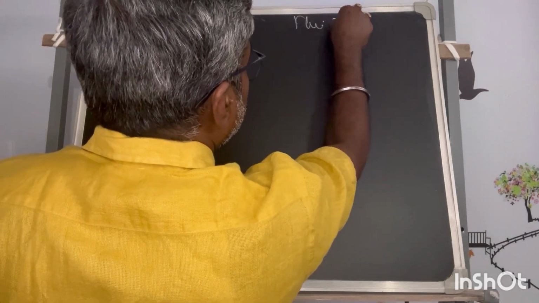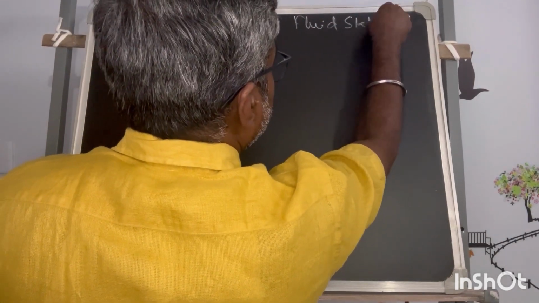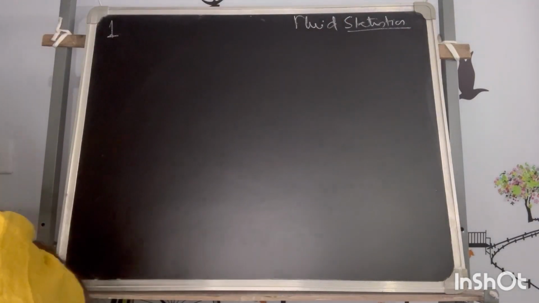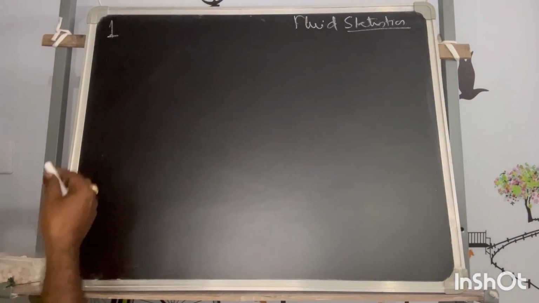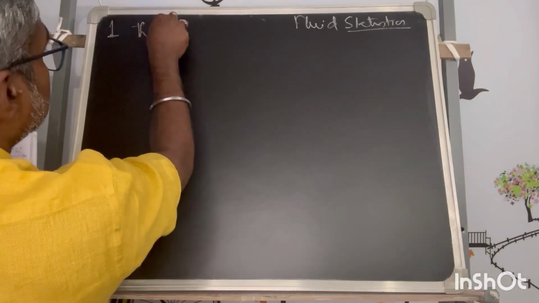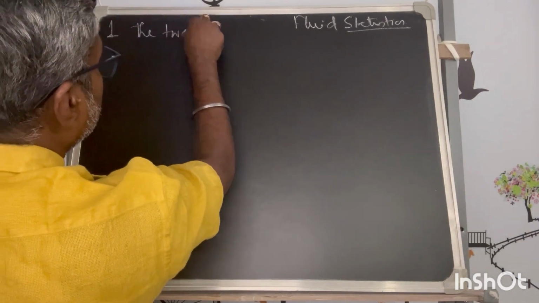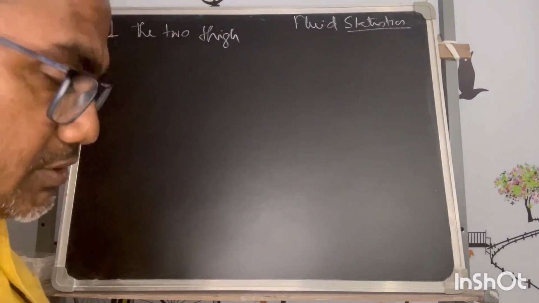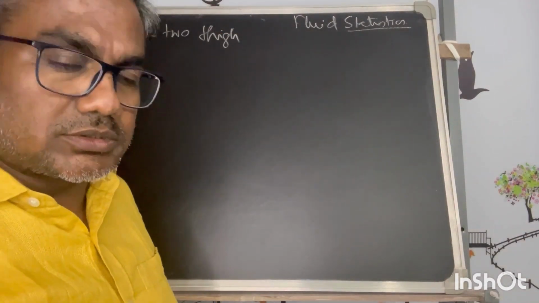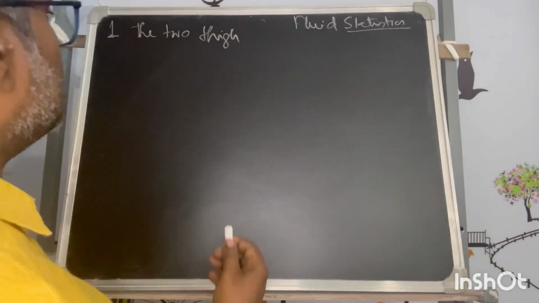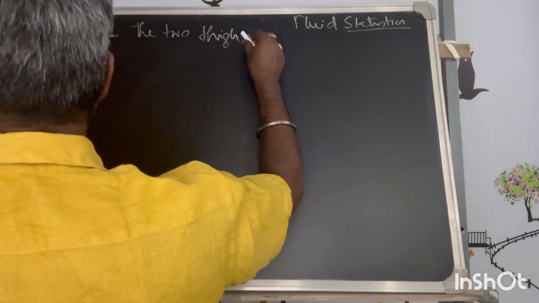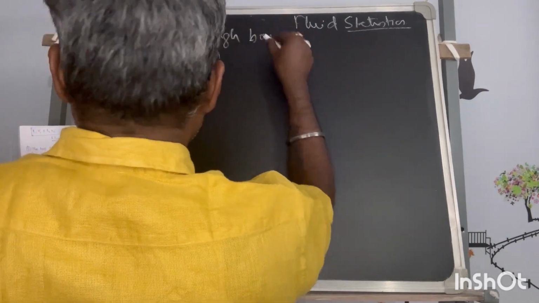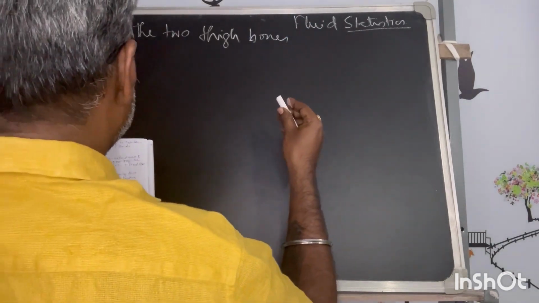fluid statics says: two thigh bones. We are describing a person who is standing on two legs and the load is transferred to the thighs.